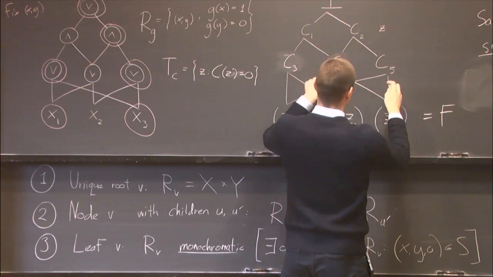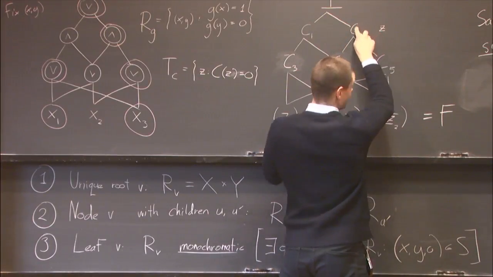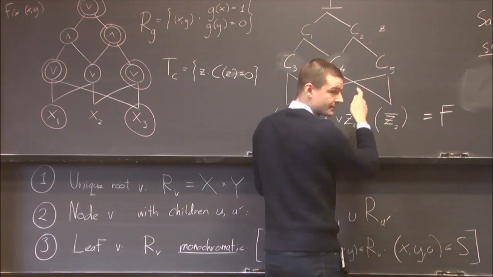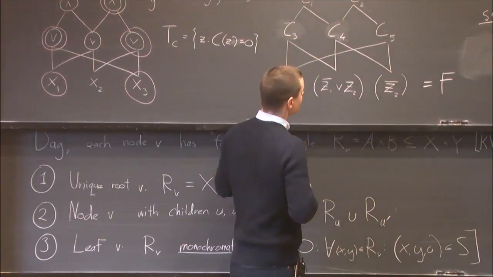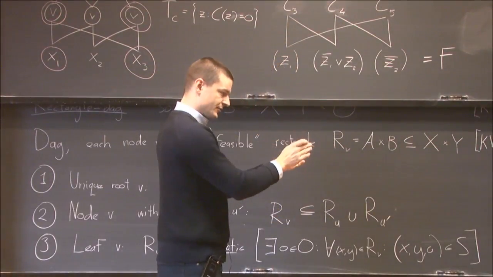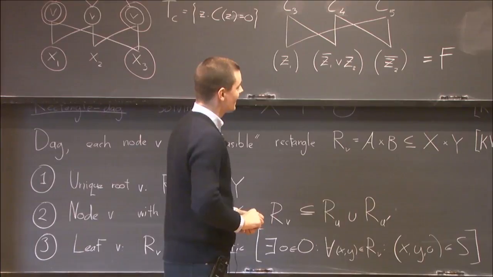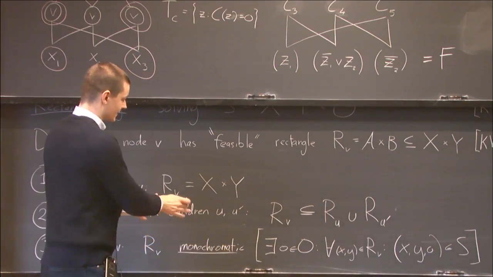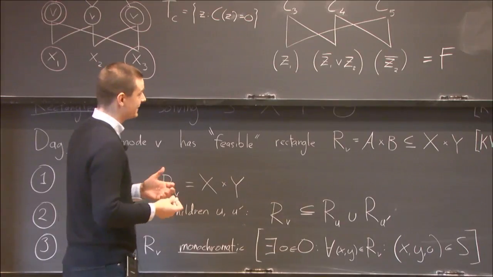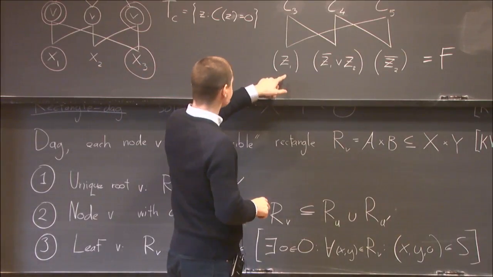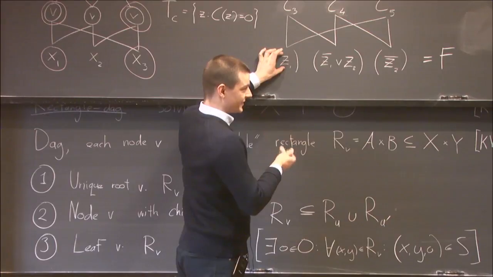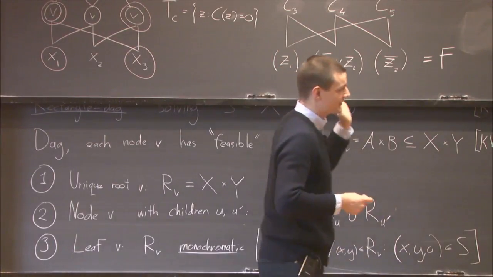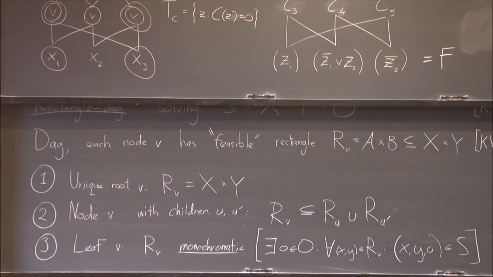So for any truth assignment, if they satisfied both, they satisfy this. So just contrapositively, if this is falsified, one of these guys must be. So that means if I'm at a feasible node, I can always move to a child. And the third condition is that I have monochromatic subcubes at the leaves. Well, I have a leaf which is associated with a clause of the original formula, and that exactly corresponds to a solution to the CNF search problem.